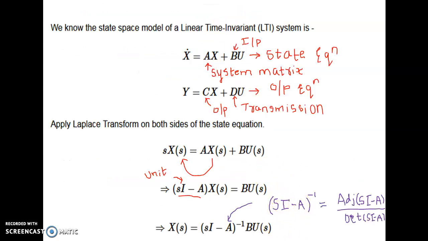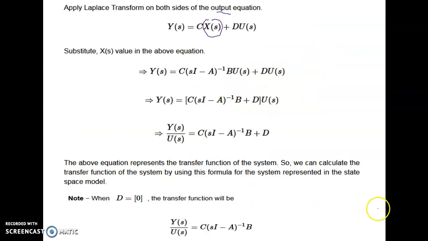It is (sI minus A) inverse into B into U(s). So I have substituted the value of X(s), that is (sI minus A) inverse into B into U(s), plus D into U(s); this term will remain as it is. Now you can take U(s) common here. If we take U(s) common, the remaining term is C into (sI minus A) inverse into B plus D.